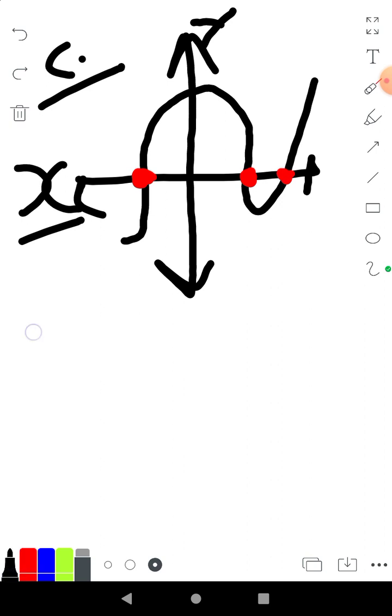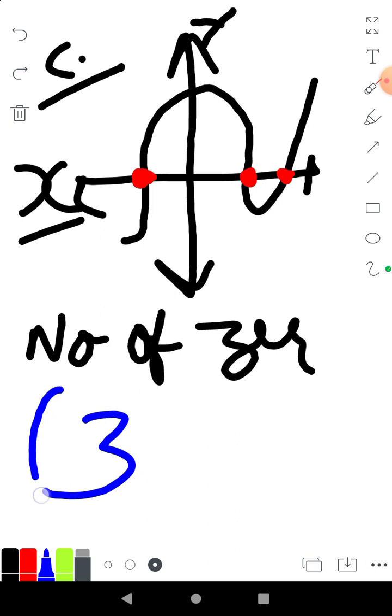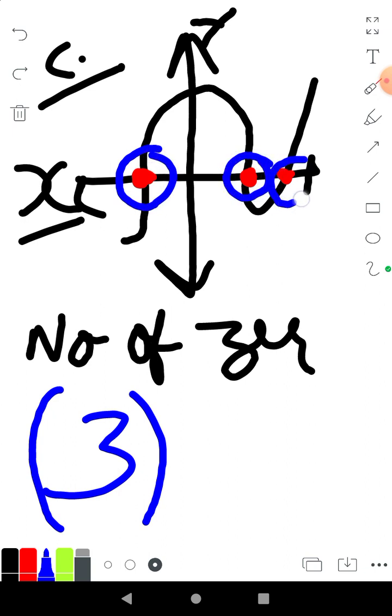So we can say that the number of zeros over here is 3. Why have I written 3? Because it has cut the x-axis at 3 points, like here, here and here. So we can say that the number of zeros is 3.